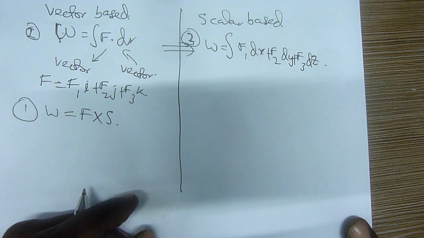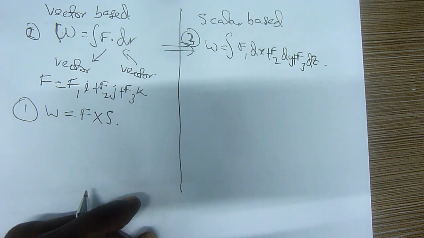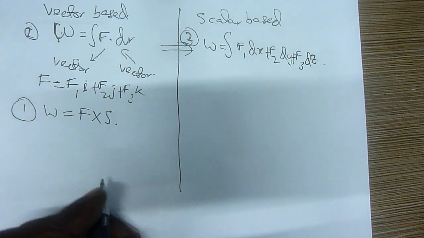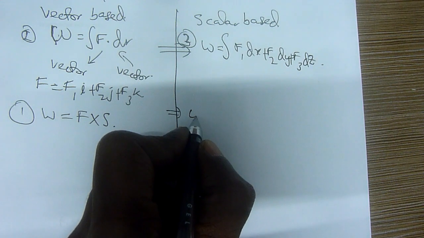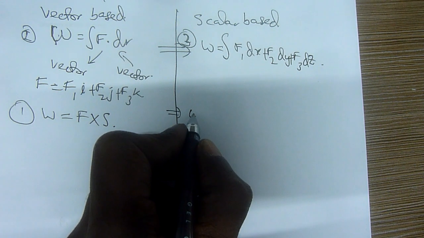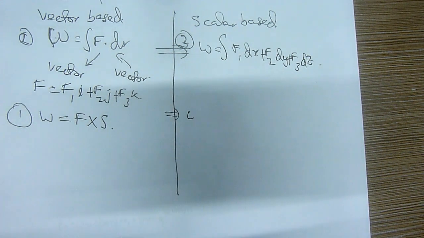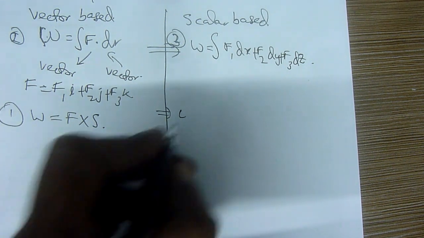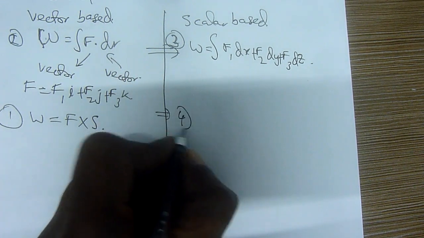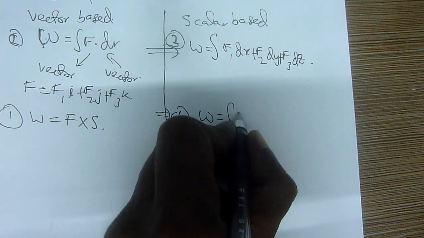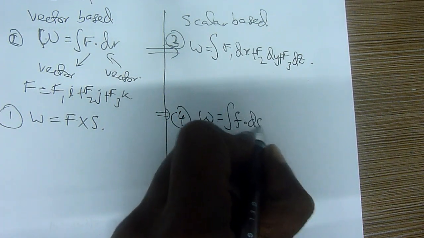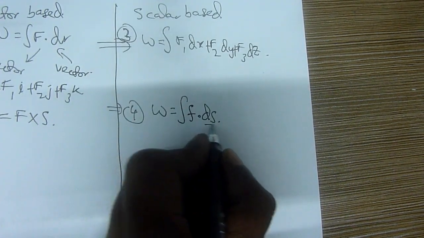We learned this. Now I'm going to introduce to you one more method in the scalar, which will be calculated based on the number. I call this method number 4, where we calculate W as F ds. The first time you're going to see the ds.